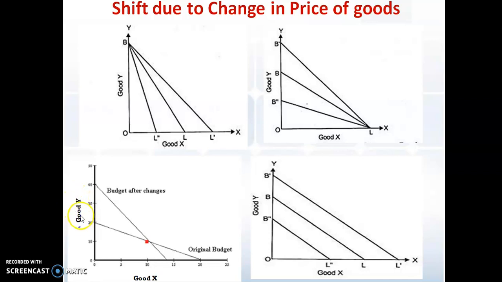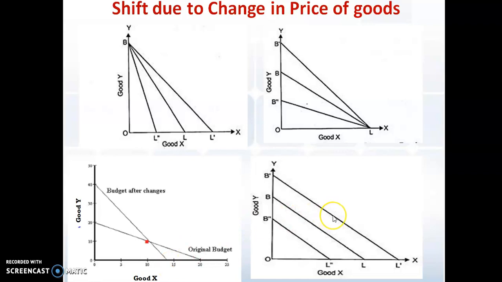Because the price of good Y reduces, affordability increases, so you are going to purchase more of good Y. Because the price of good X has increased, affordability comes down, so there is a reduction in the purchase of good X. When this happens, this will be the new budget line.